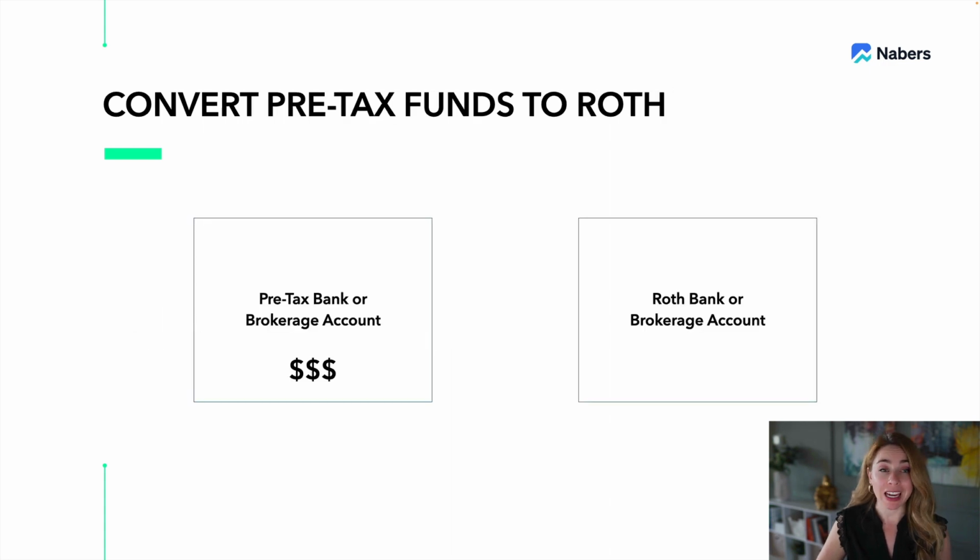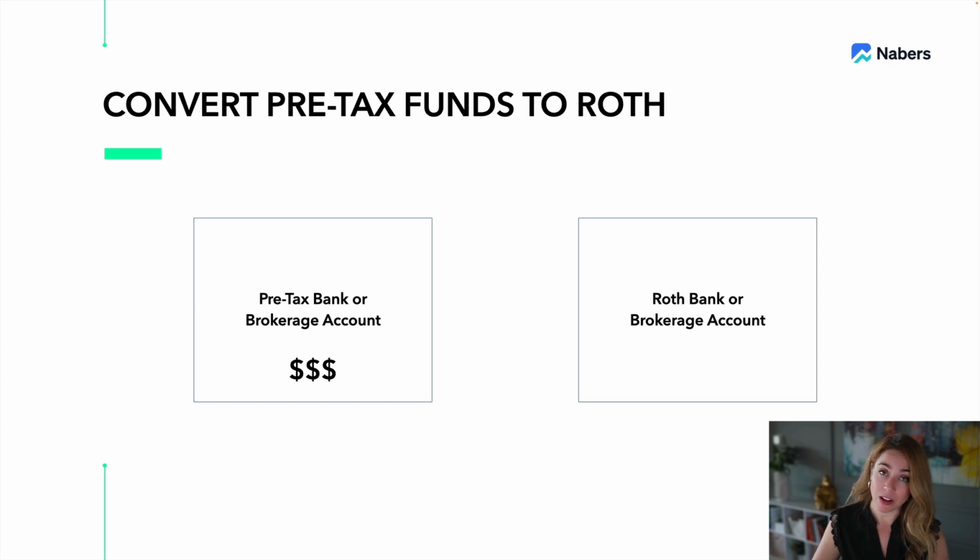As far as the mechanics, converting pre-tax funds to Roth is actually pretty simple. Remember in a previous video, we talked about how we recommend you maintain a different bank or brokerage account for each tax classification. So if you've made pre-tax contributions, those go in your pre-tax bank account. If you're making Roth contributions, those go in your Roth bank account.